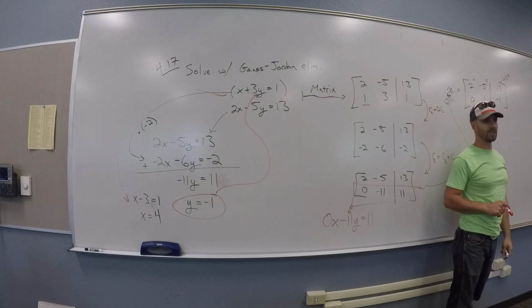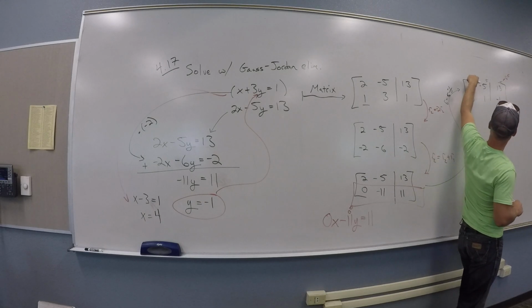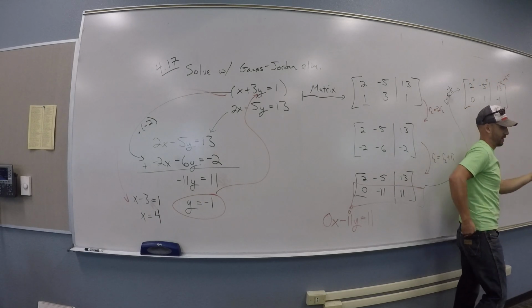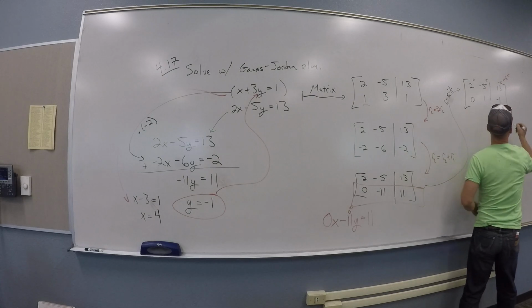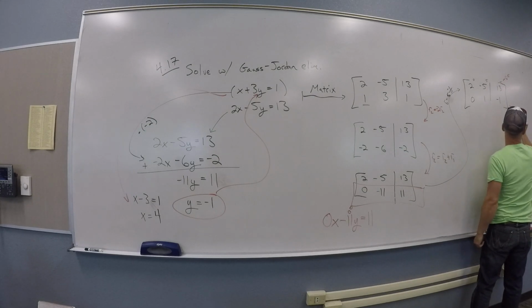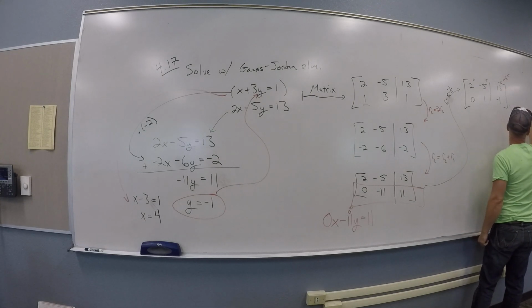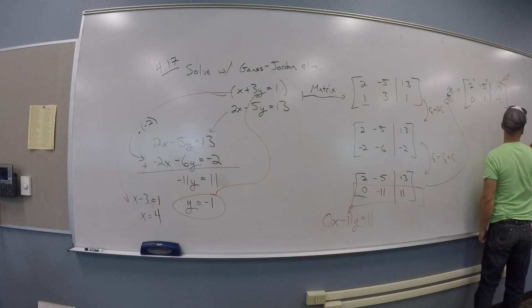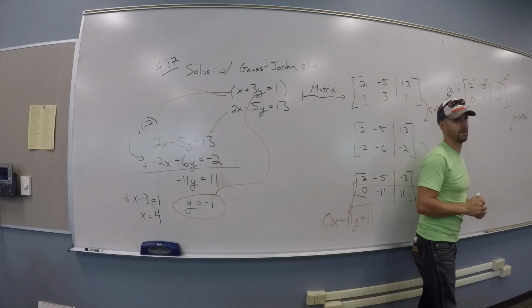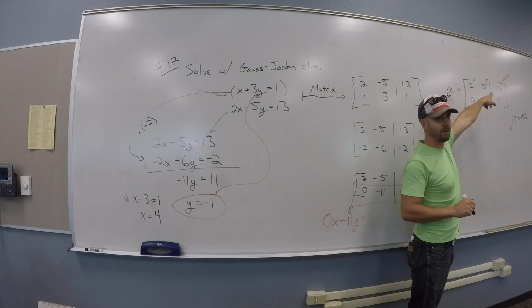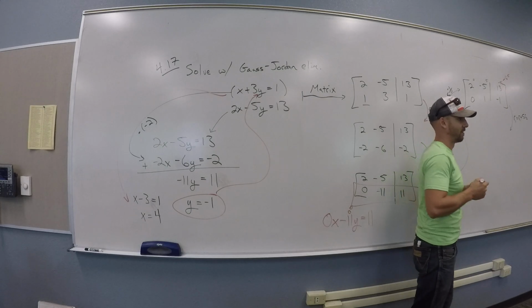Right, that's what the little red one says. If I add this top to the red, so that's me doing the step row 1 turns into row 1 plus 5 row 2. The red is 5 times row 2, and I'm just going to add that to row 1.